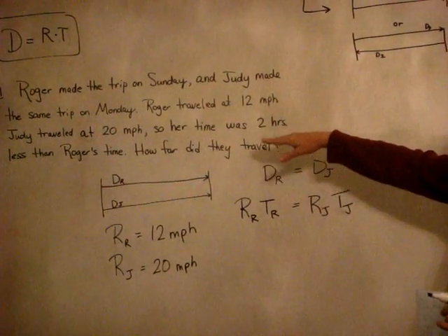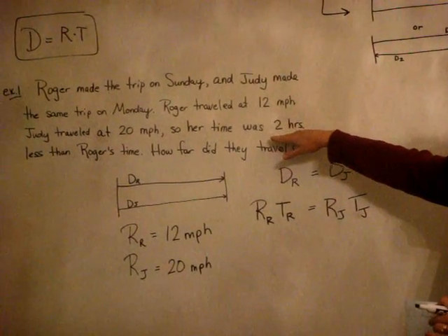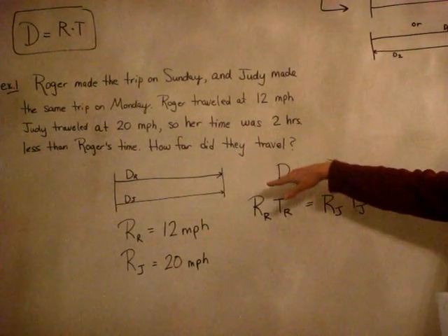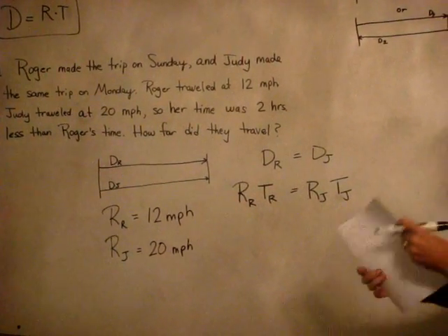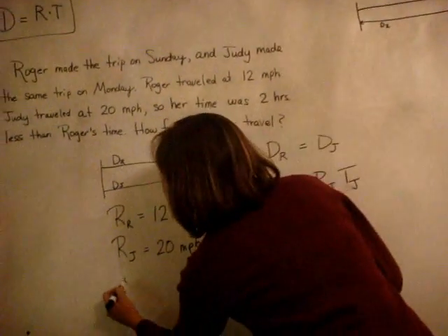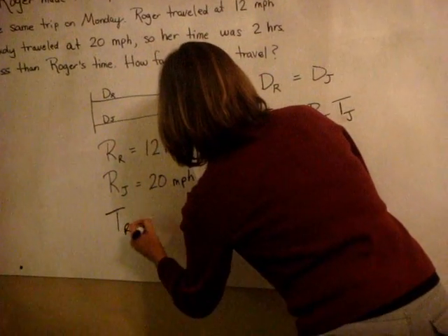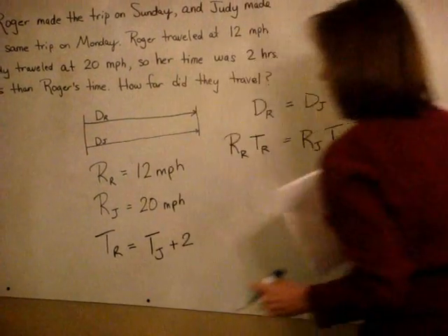So let's look at what else we have. Judy's time was 2 hours less than Roger's time. So we can do something for time here. We can say the time of Roger equals the time of Judy plus 2.